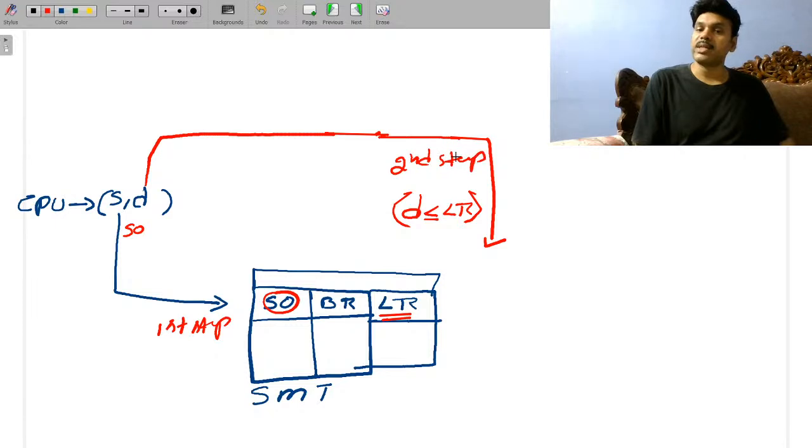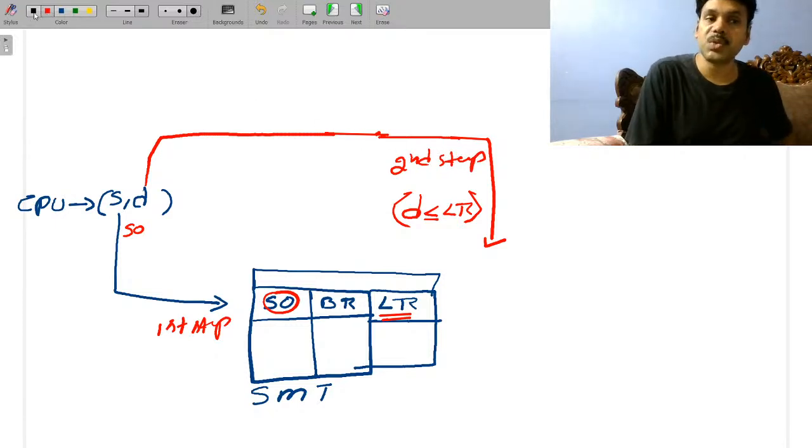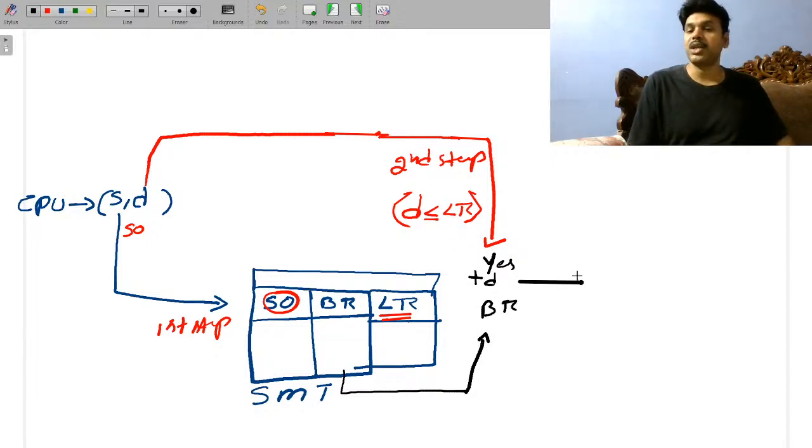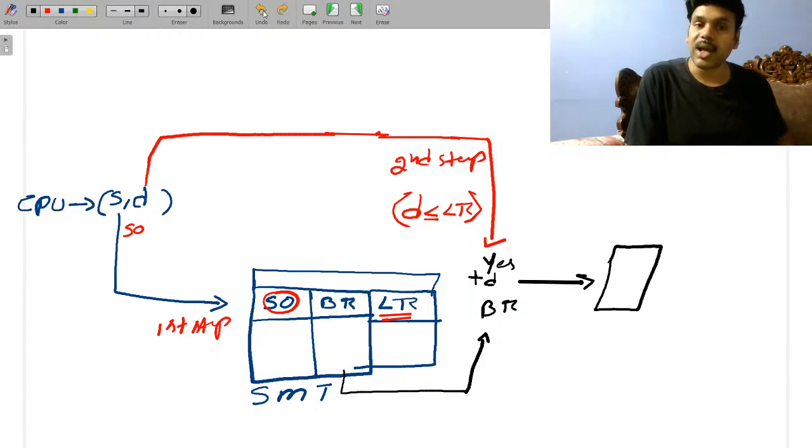This is normal segmentation. Normal segmentation means if it is yes, then immediately it takes its base value, and we add this plus D so that you are able to access your main memory. This is normal segmentation. But this time I am doing paging. Why are we doing paging?